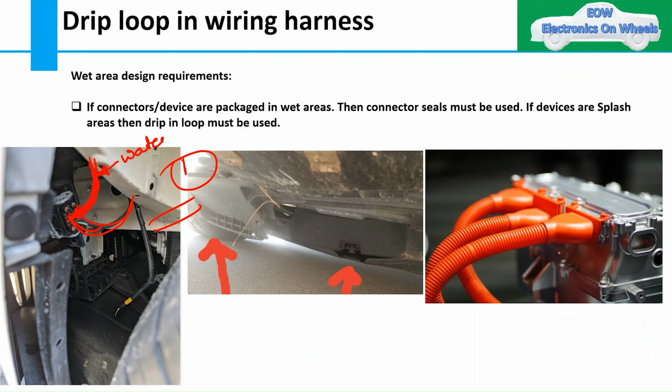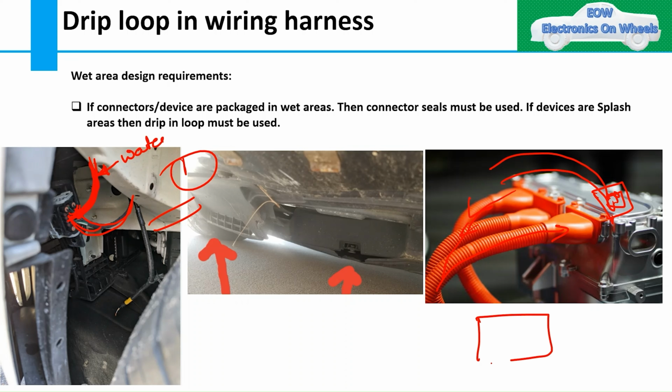Let me give you one more example of ECU routing. If you see here, the routing of this particular wire is like this, and if water comes here, it will go down. But suppose this connector is taken in the vertical direction, then it would be very difficult to give the drip loop condition.